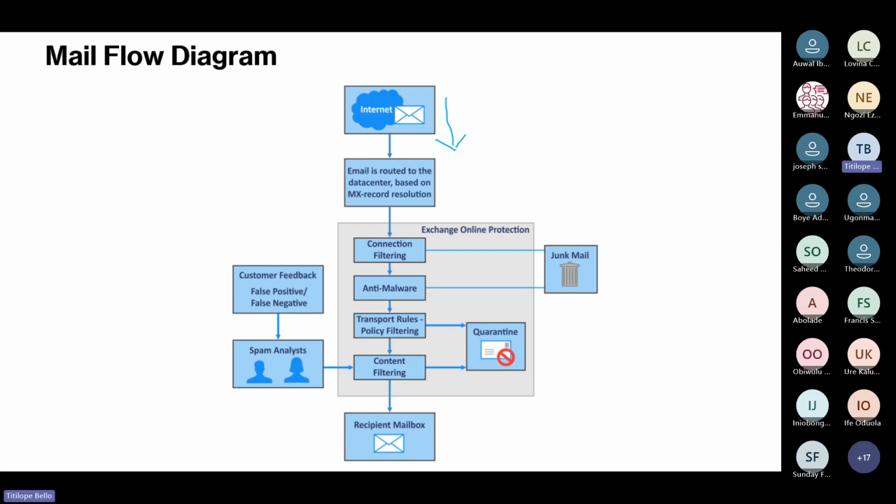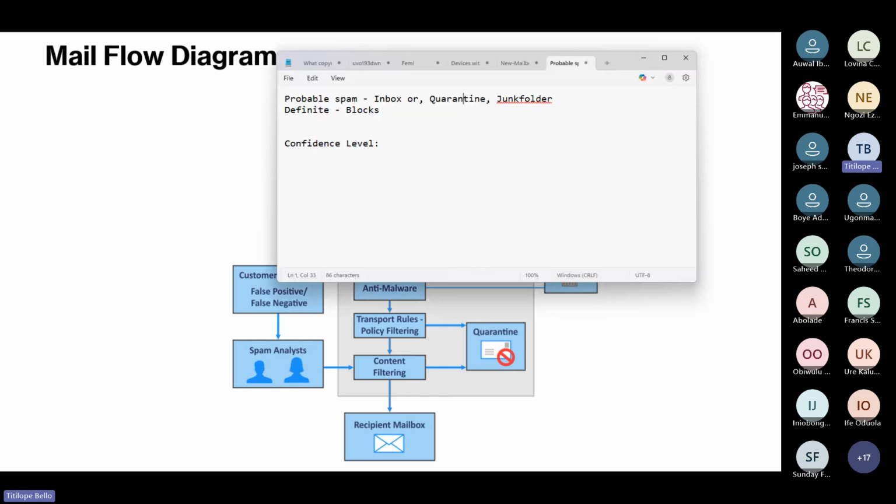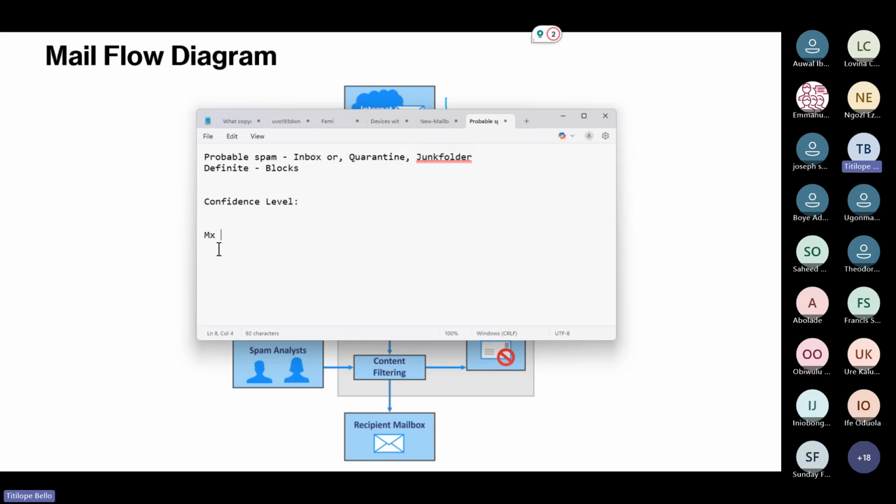And when it gets here, email is routed to the data center based on the MX record. Now, MX stands for mail exchanger. That's the MX record, and it is responsible for delivering email to your organization.